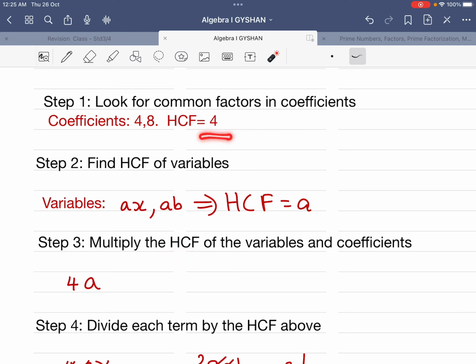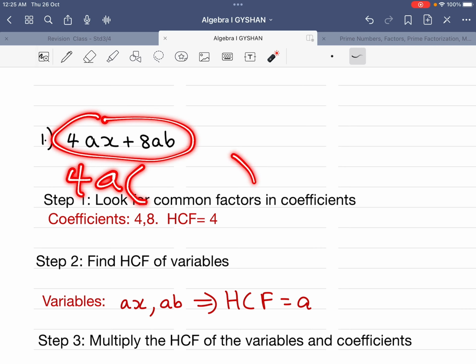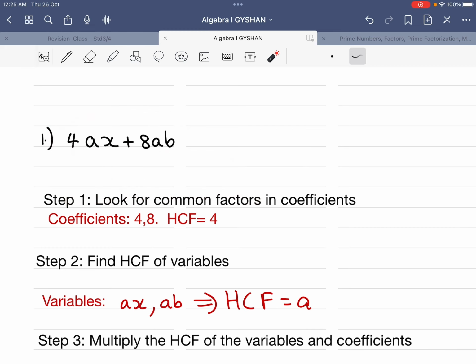So 4a. Then we want to get back this expression. How do we get the original expression? Given we have the factor, we have to get this expression back, where we will open our brackets and multiply this by something inside here. So let's see how we will do that.